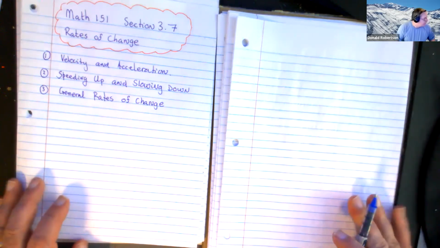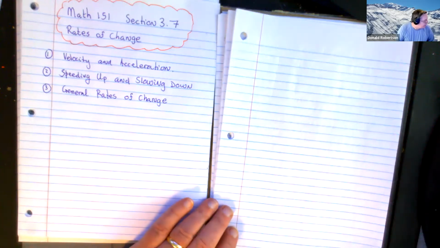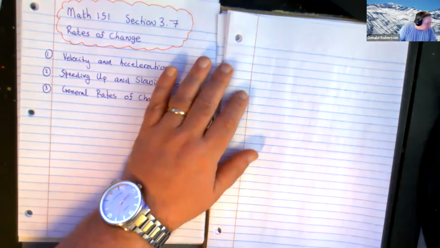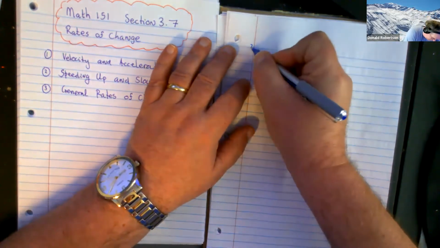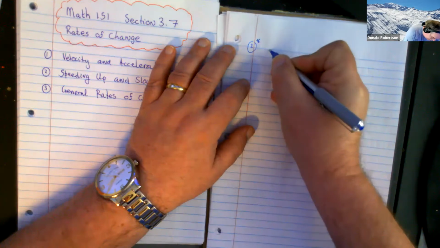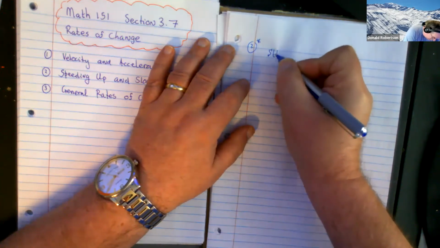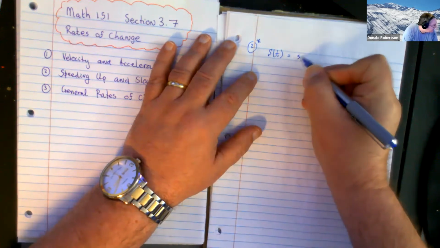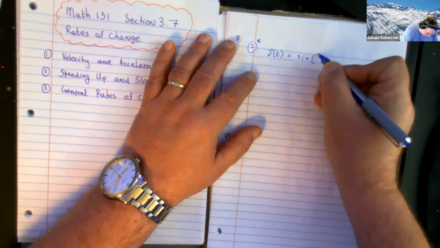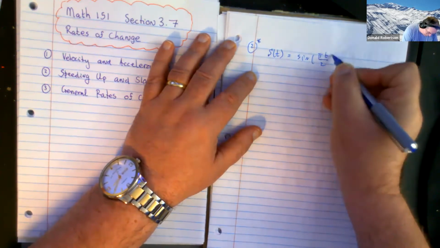Now you can do a lot of the same kinds of things with different position functions. So I'm not going to go through that entire list because it takes too long. But let's give you a little taster of some of the things. Suppose your position function is given by the sine of pi t over 2.